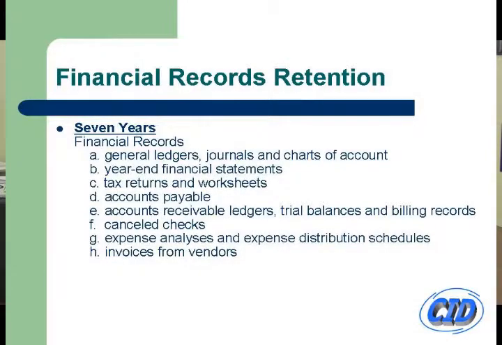Some things you do need to keep, like your minutes and so forth, but we're going to just talk about financial records. Up on the screen you can see the different types of records that you'll need to keep for 7 years, like your general ledgers, your tax returns and worksheets, canceled checks, those sorts of things that you see here.